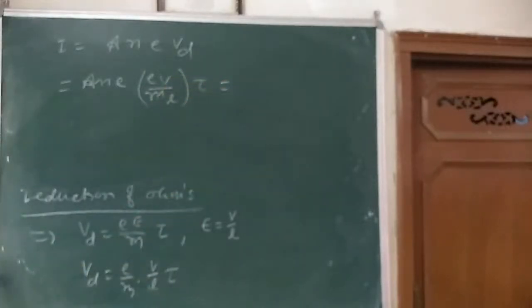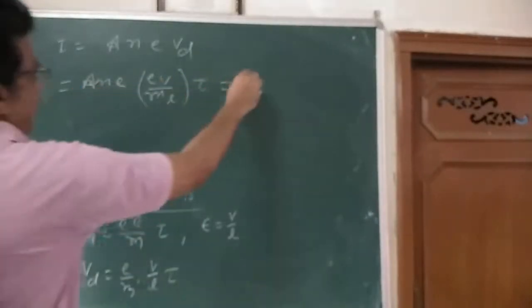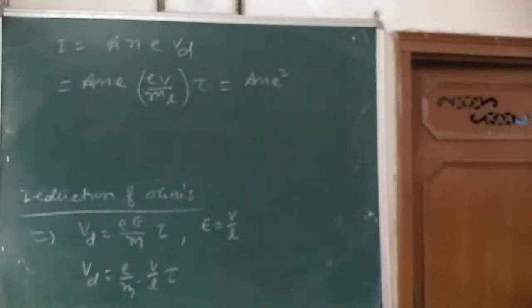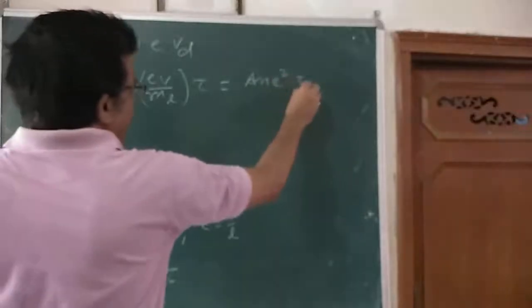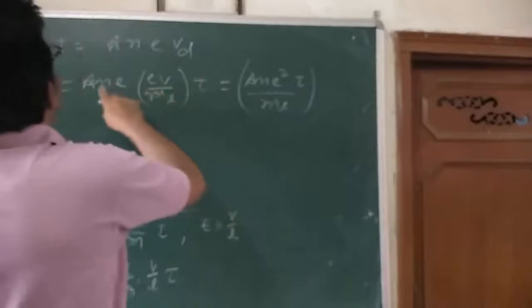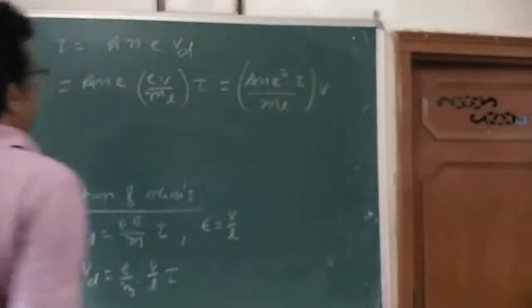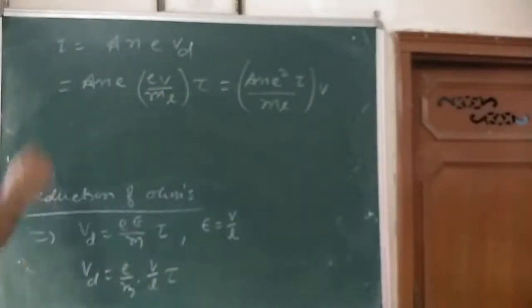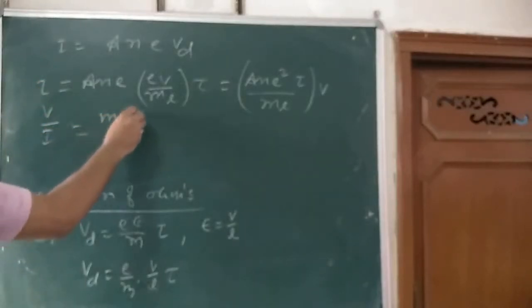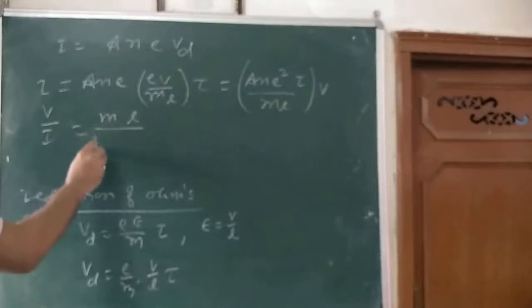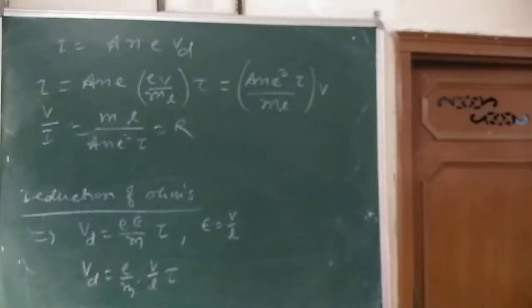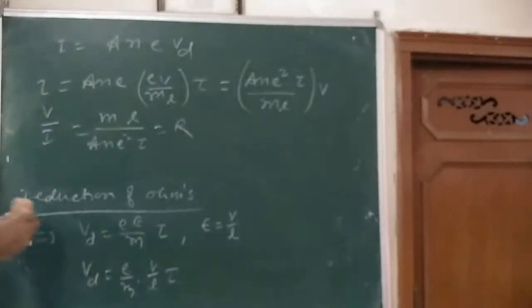So I can write here A N E squared tau divided by m L into rho, into A V. Here is V. So you can see here V upon I is equal to m into L divided by A N E squared tau. This is equal to R. This is the simplest way to deduce Ohm's law.